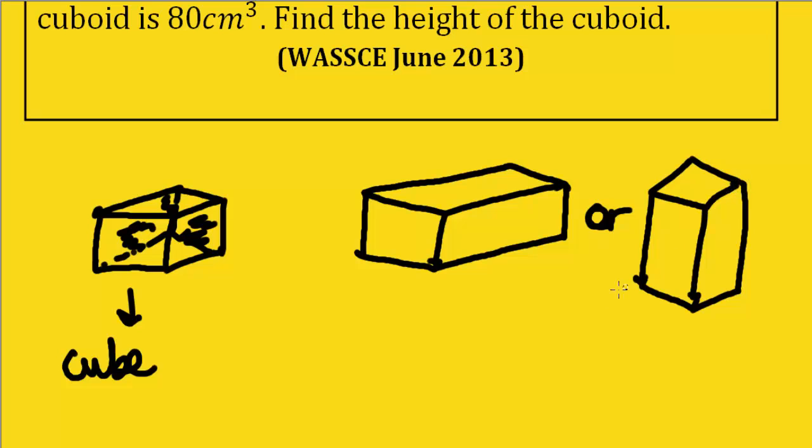Forgive the bendy lines, but you need to realize that for a cuboid, you have square faces and rectangular faces. So let me do the shading differently. The rectangular faces, I need to make this drawing bigger. So this would be a cuboid.